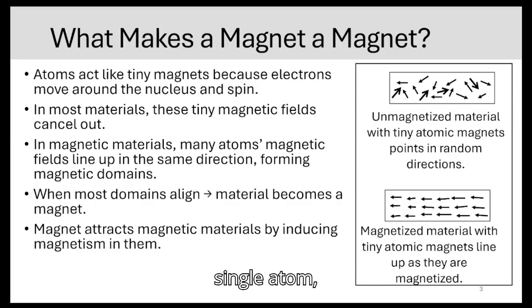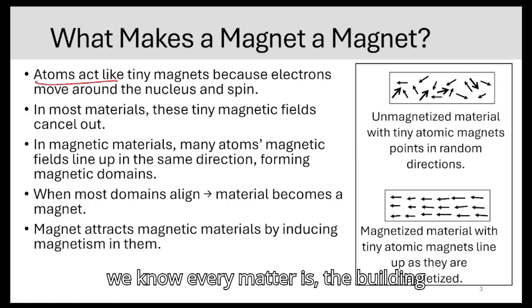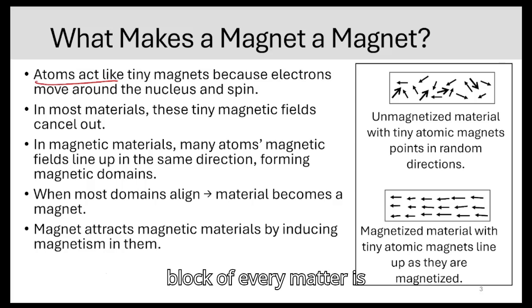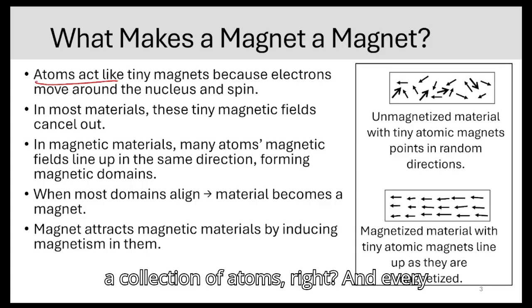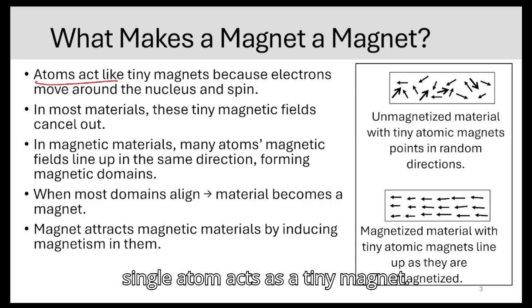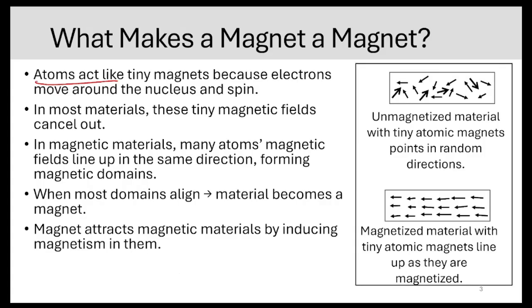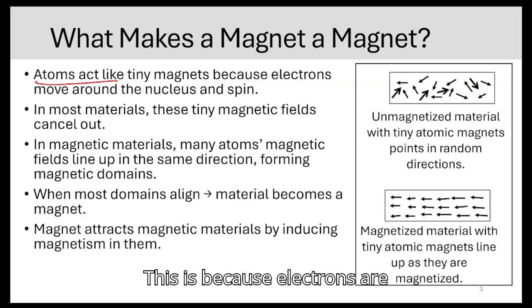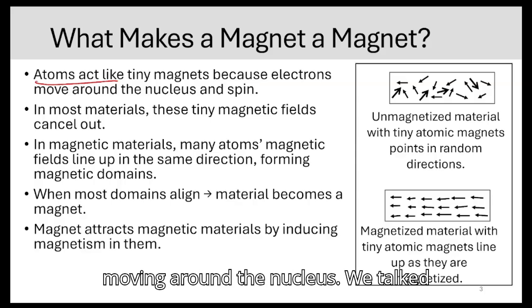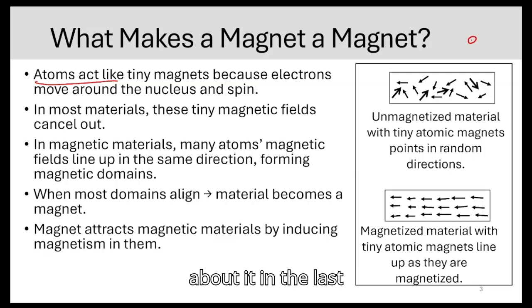We know the building block of every matter is a collection of atoms, right? And every single atom acts as a tiny magnet. This is because electrons are moving around the nucleus. We talked about it in the last video.